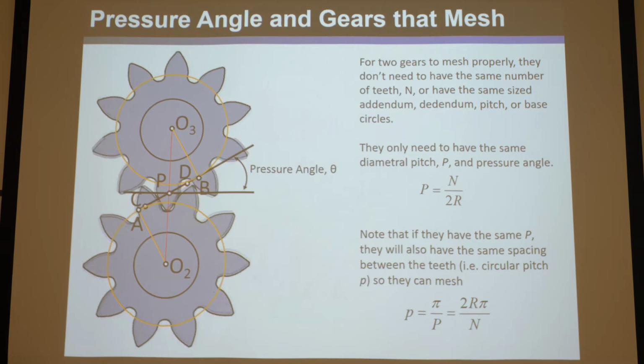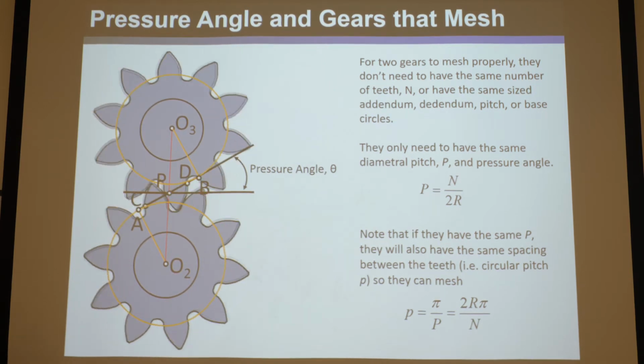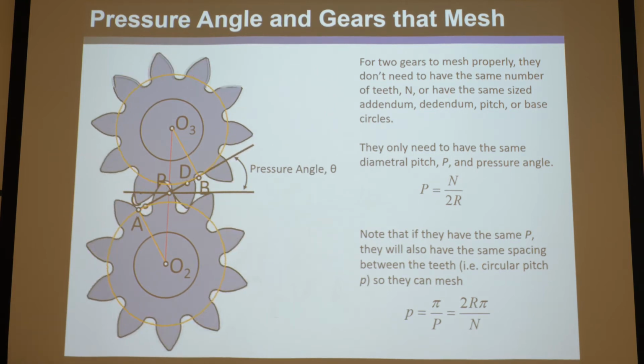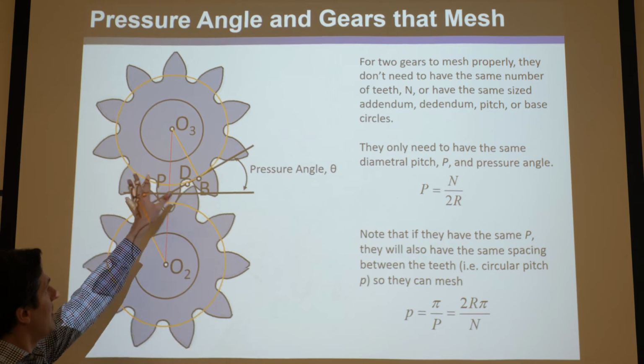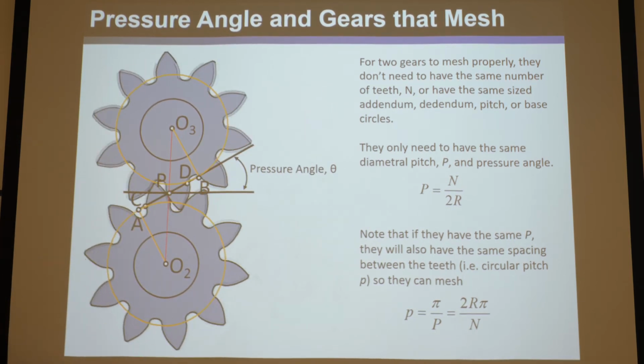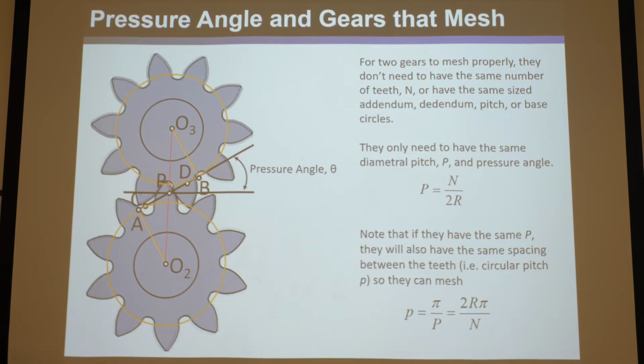If a couple teeth fit between two teeth on another gear, it certainly wouldn't mesh. Okay, you need to have one tooth fit in the spot in between for the mesh to work. Okay, so they have to have the same tooth spacing, same circular pitch, and therefore the same diametral pitch. Okay?